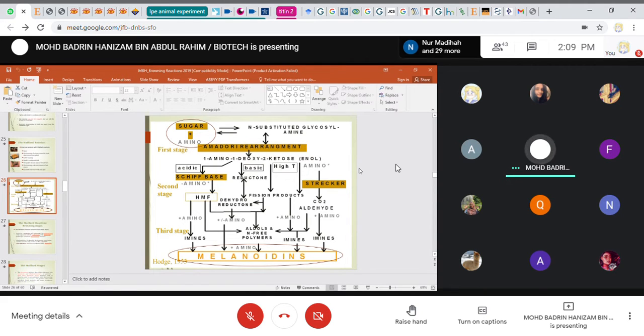In general, this reaction can be classified as a non-enzymatic browning reaction that requires an optimum temperature of around 120 to 165 degrees. This is based on studies done previously.